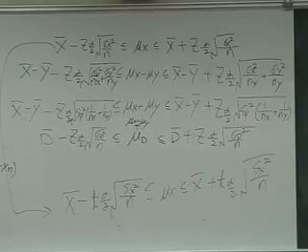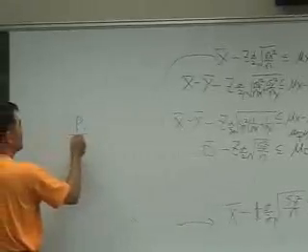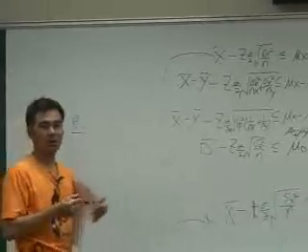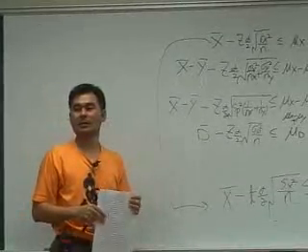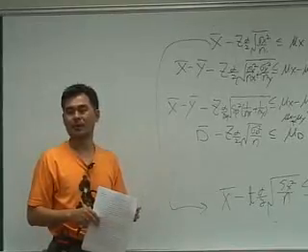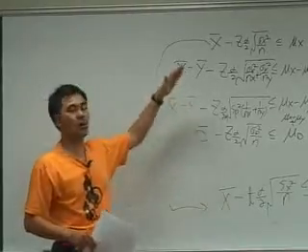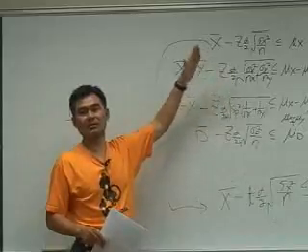And proportion is p. Basically, we are talking about the binomial distribution in this case. So we are talking about p, the population proportion. Any questions? Basically, it is all the same.